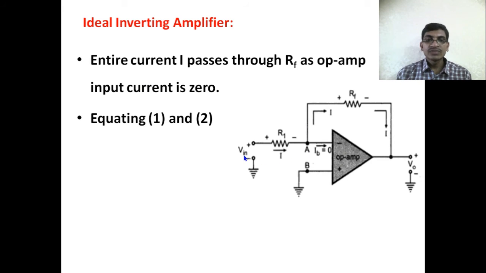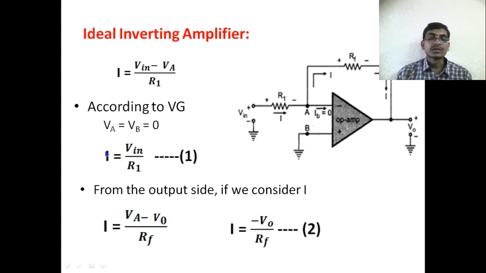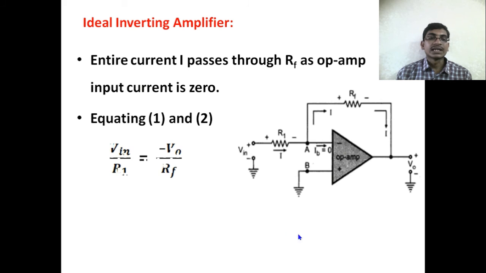Therefore, we can equate equation number 1 and equation number 2. When we equate those, Vin by R1 is equal to minus V0 by Rf. Then rearrange this equation in order to get the closed loop gain of the ideal inverting amplifier. So what is the gain? The gain is the ratio of output voltage to input voltage.